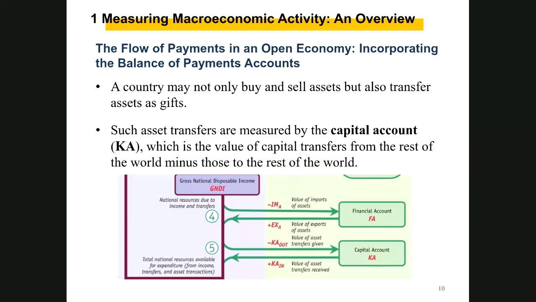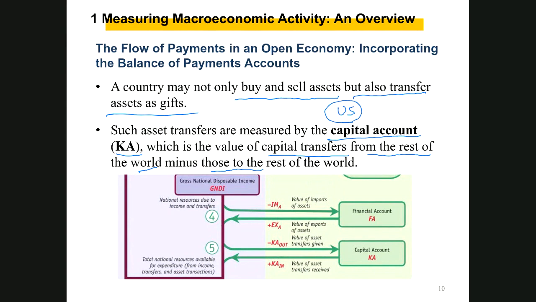Okay, the last one is the capital account. Okay, so capital account, a country may not only buy and sell assets, also transfer assets as gift. So this one will be the capital account. Okay, which is the value of the capital transfer from the rest of the world minus those to the rest of the world. So US, right?